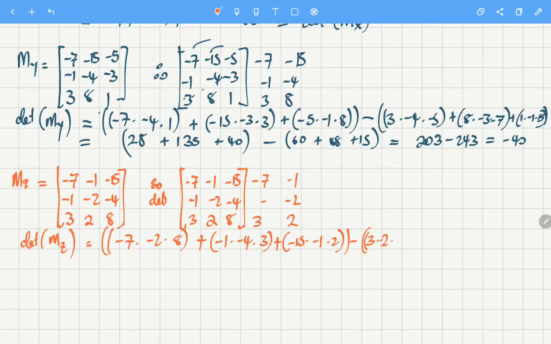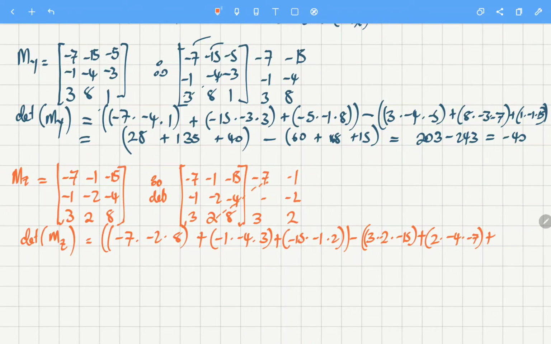That's minus 2, sorry, times minus 15 plus 2. So this diagonal here, times minus 4 times minus 7, plus then the final one, which is 8 times minus 1 times minus 1.